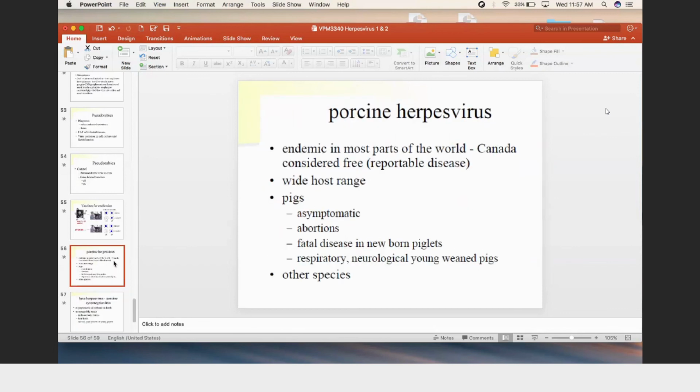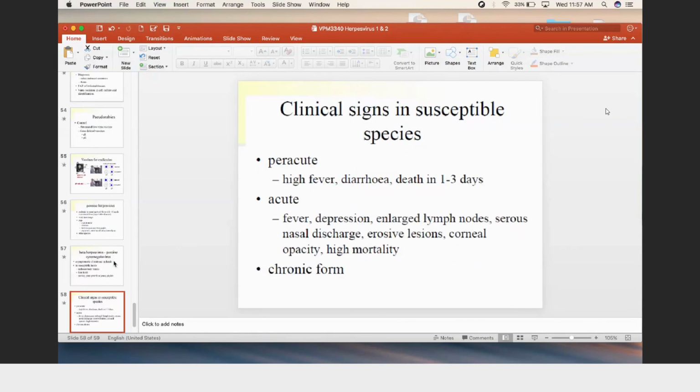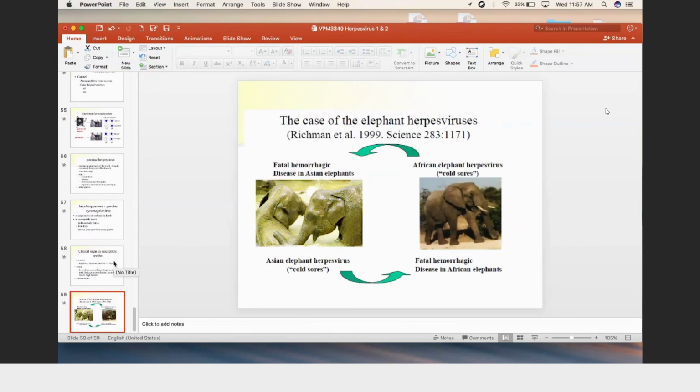Okay, it can cause abortion and so on, then you have betaherpesvirus, not so important. And this is actually a case study. In Asia, elephant herpesvirus only causes a very mild disease, cold sore.